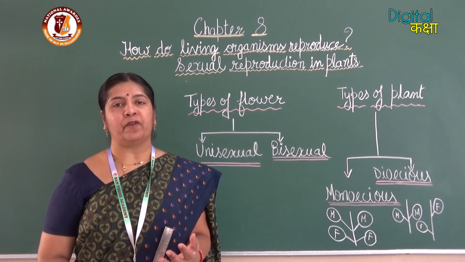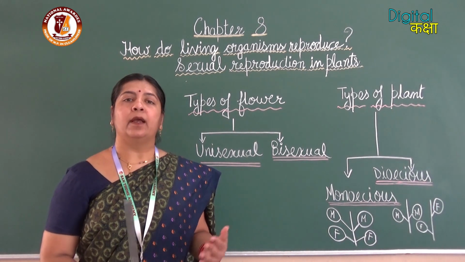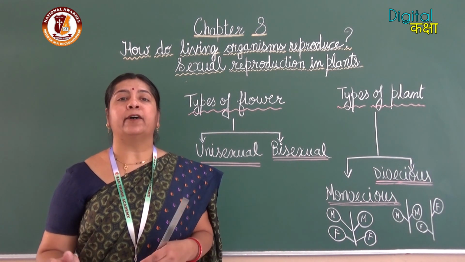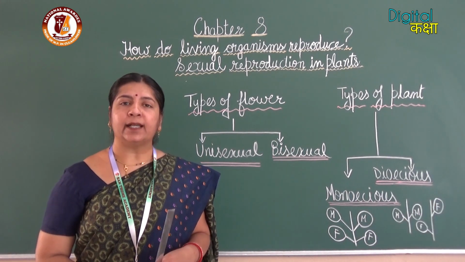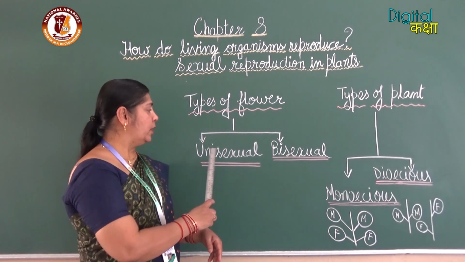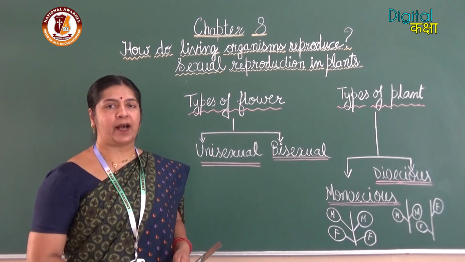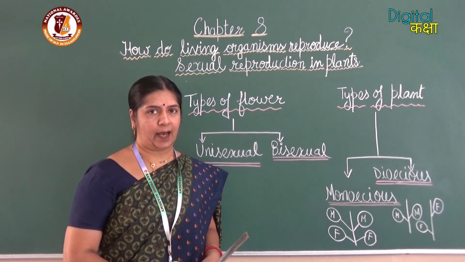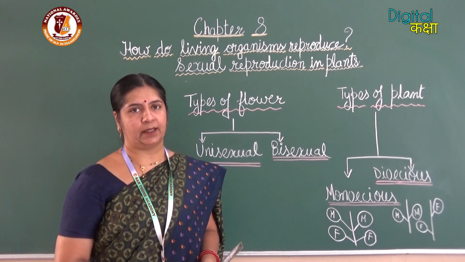Such flowers, which have only the male reproductive part or only the female reproductive part, are known as unisexual flowers. And the second type of flowers are the bisexual flowers.